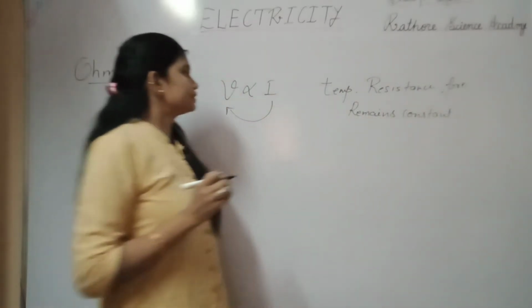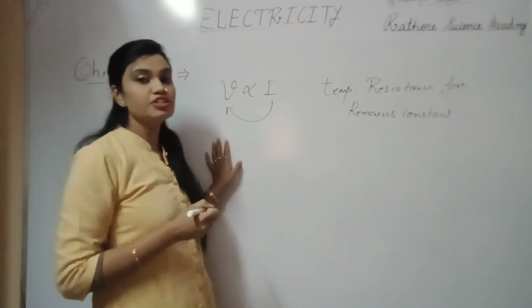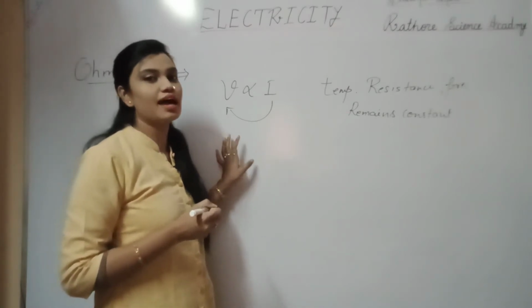In a conductor, current is directly proportional to the potential difference across its ends.